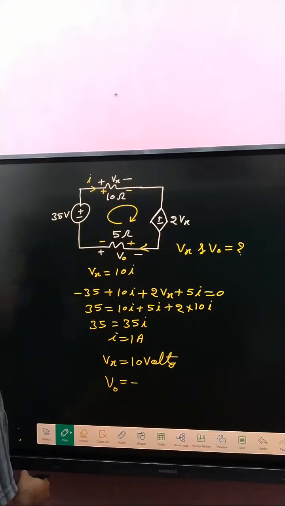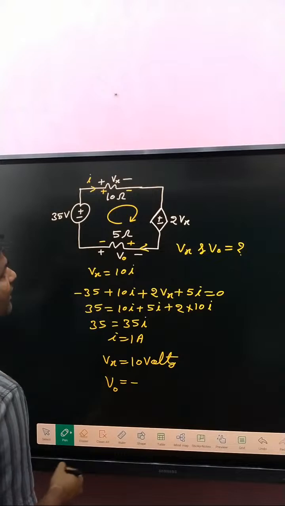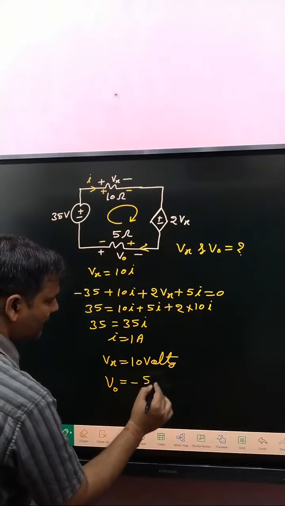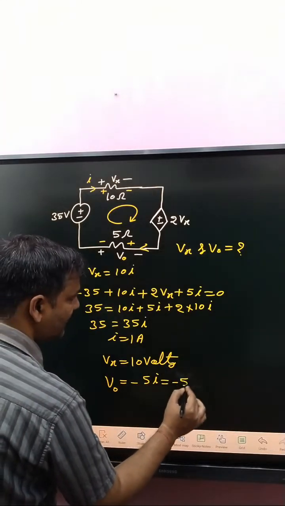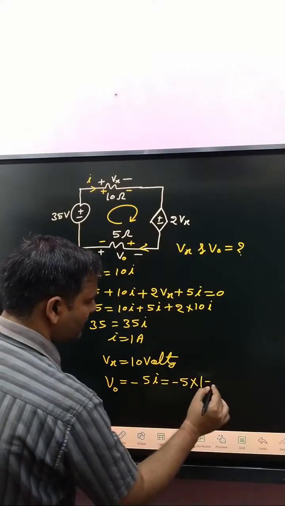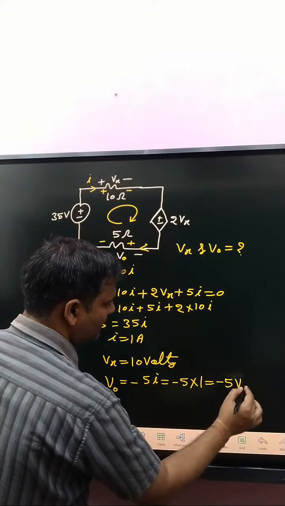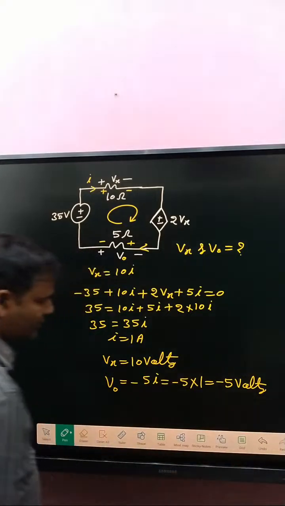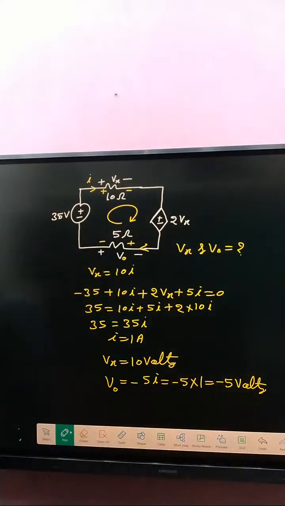So V naught is written as simply minus 5 into I, and I is 1. So minus 5 volt. Okay. So V naught is minus 5 volt. Make it. If anyone faced doubt, then comment it. I will discuss again. Okay.